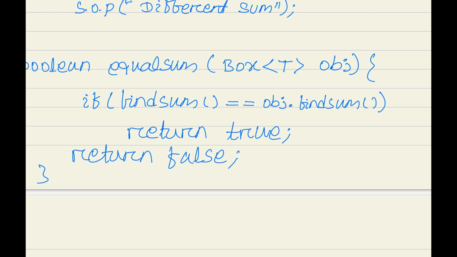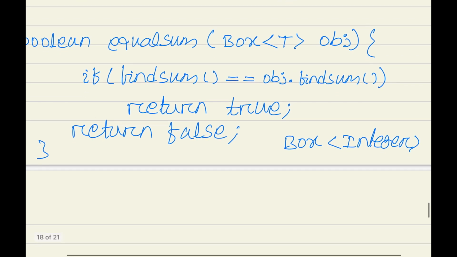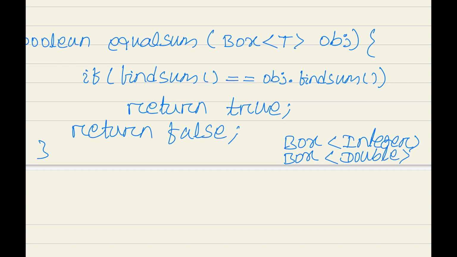Both obj and the caller should belong to the same class. Like if it is Box<Integer>, both should belong to the Box<Integer> class. If it is Box<Double>, then both should belong to the Box<Double> class.